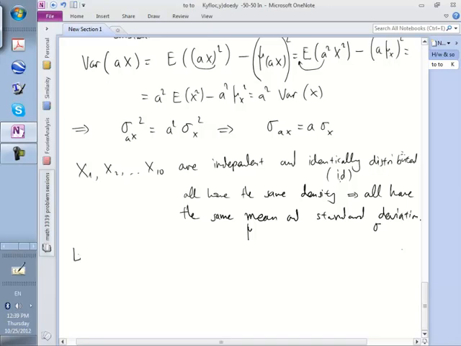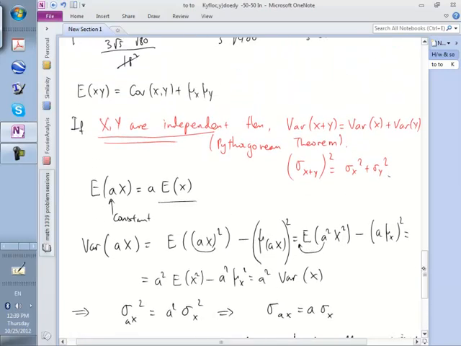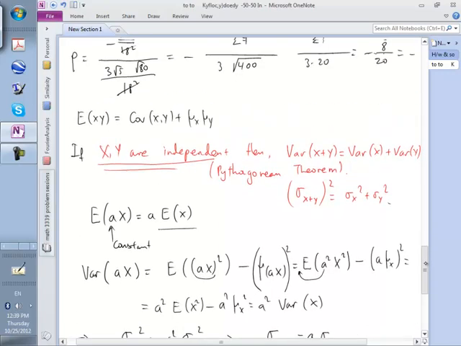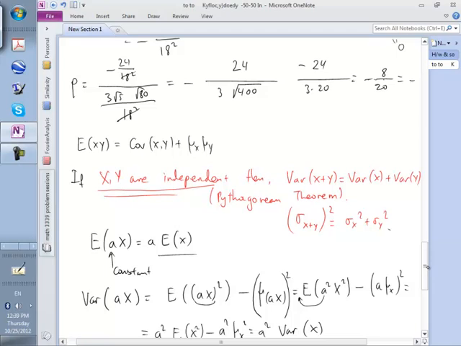What is the mean of the sum of all of them? What's the property that I use? When I sum random variables, the expected value of the sum is the sum of the expected values, okay?